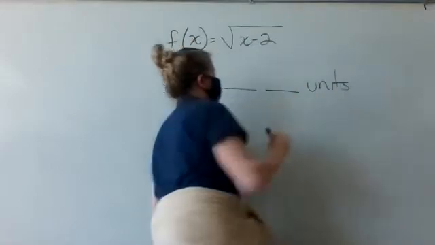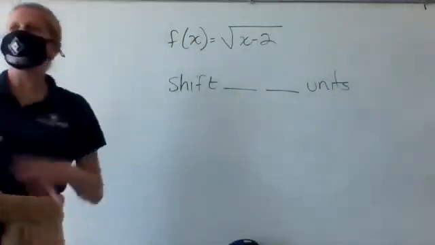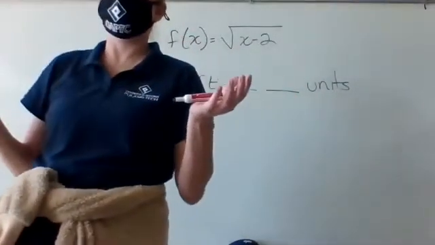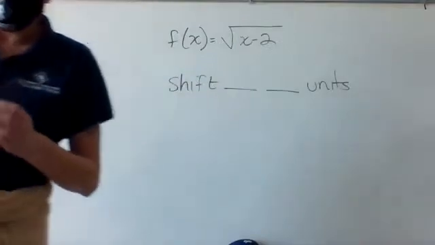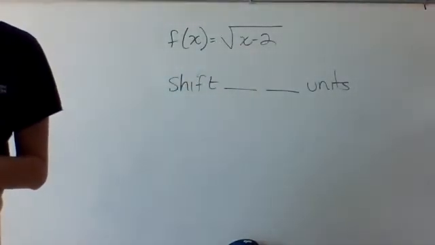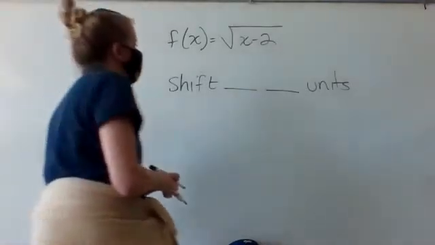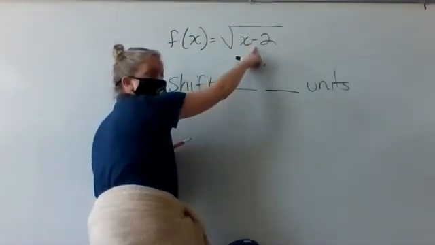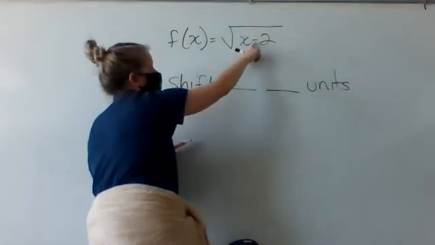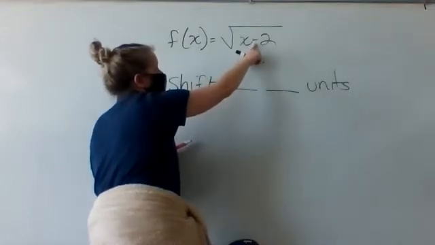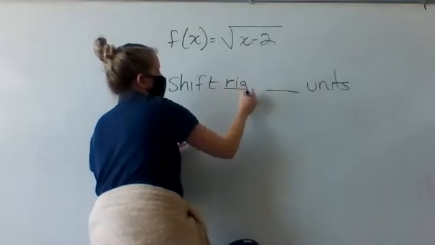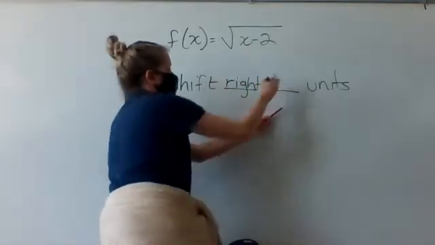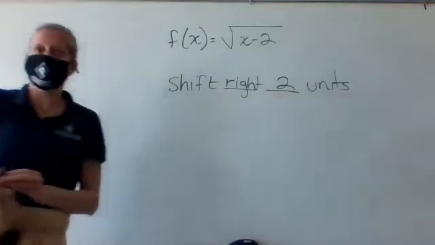So it's got 2, and each one of these will have a drop down. So you're not just trying to pick out what the words are from the air, right? So it's going to shift it where, how many units. So this is an inside number. So it's going to shift it left and right, but you go opposite the sign. So since it's minus 2, I'm actually going to shift it to the right 2 units.